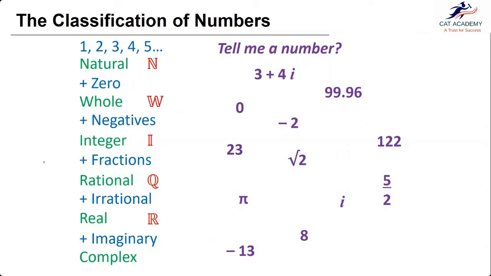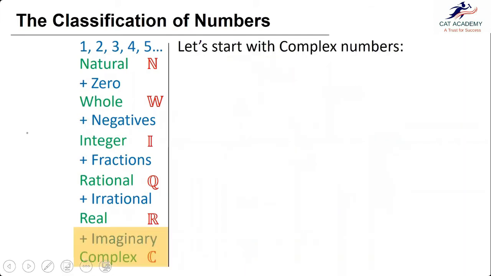So natural, whole, integer, rational, real, complex. That is my whole universe of numbers. Okay? Now let's have a look at them one by one. Let's start from the back end. Let's start from complex numbers. So complex number is the largest possible set of numbers.